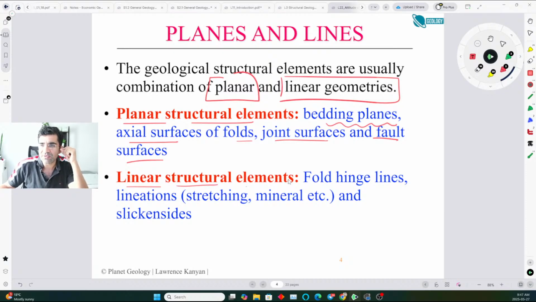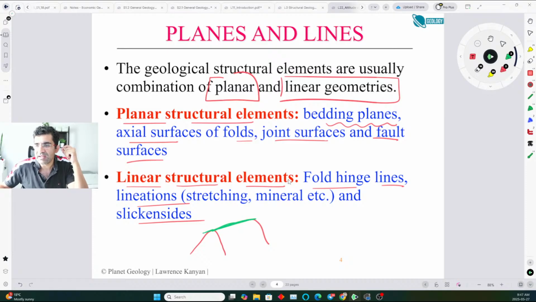What are examples of linear structural elements? Fold hinge lines, lineations, and slickensides. So, for example, if you have a fold like this, the hinge line of a fold is a linear element.